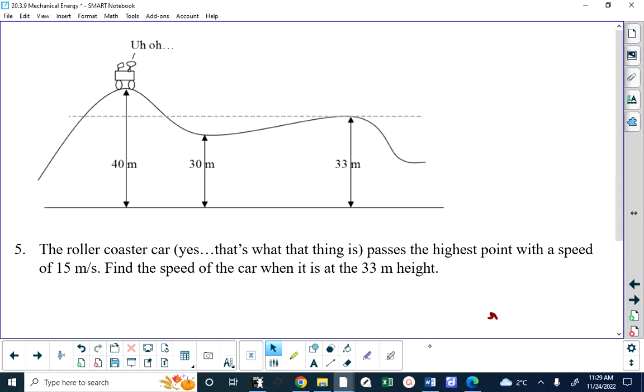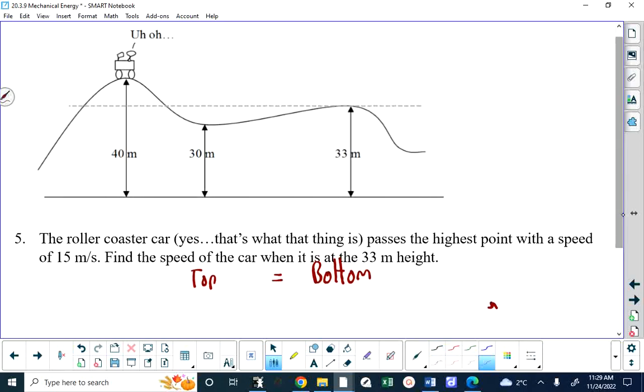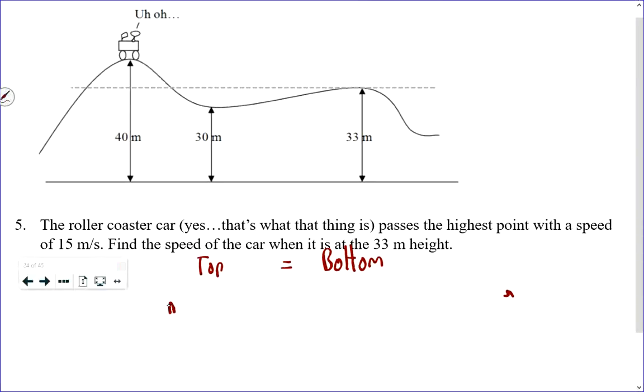We're making an assumption here that we can neglect friction, because you can't do the question unless you assume that. At the top, we're going to have mgh plus 1/2 mv squared.